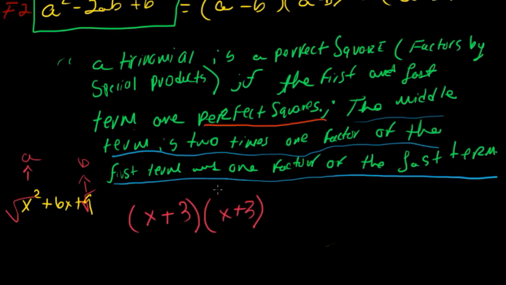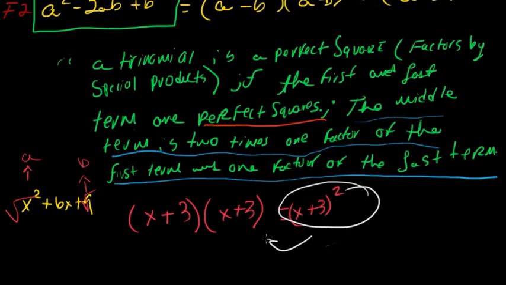Now, x plus 3 times x plus 3 is the same thing as x plus 3 squared, which is indeed my factored form of x squared plus 6x plus 9.